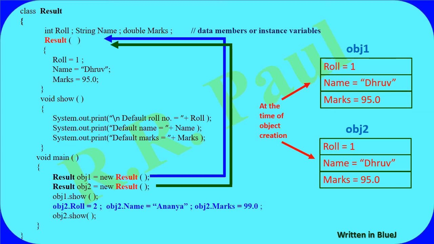Hence, when obj2.show is executed, show function will display the values of roll, name and marks which are associated with the calling object, that is obj2. So the new set of values will be displayed.